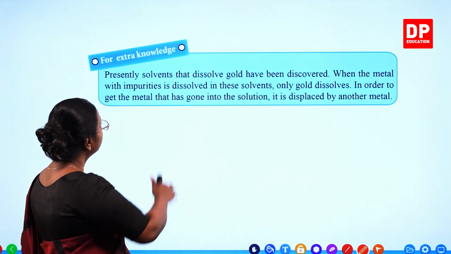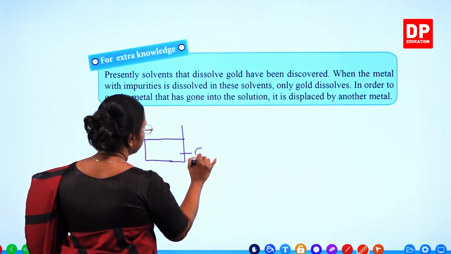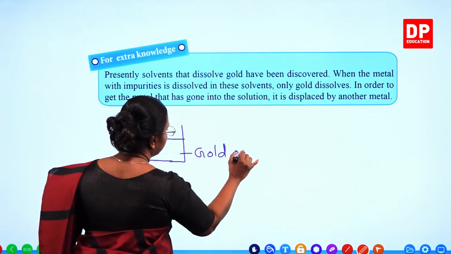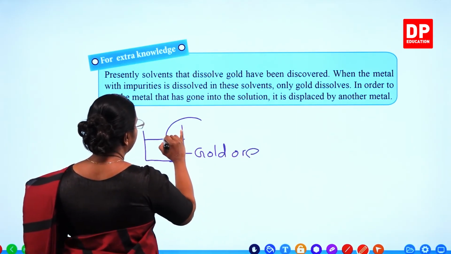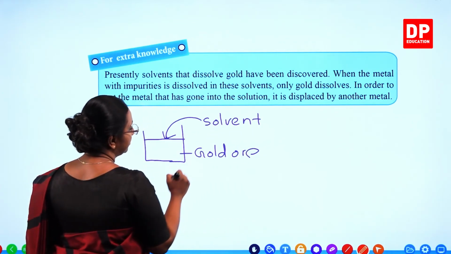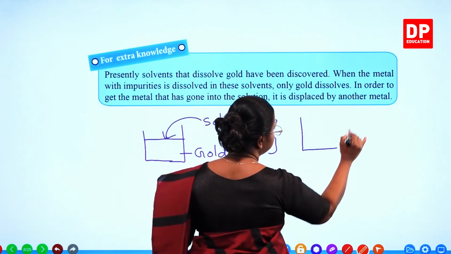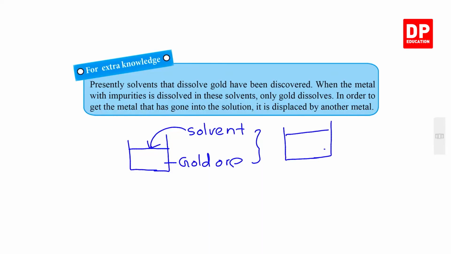So we have the gold ore, and we add a solvent. It dissolves, and the gold dissolves in the solvent.